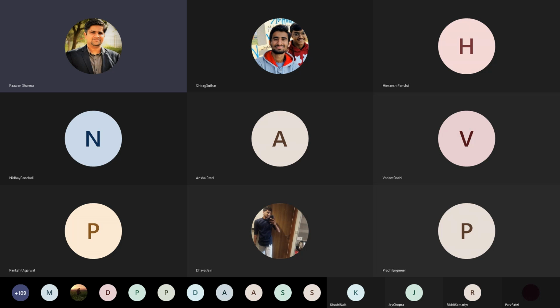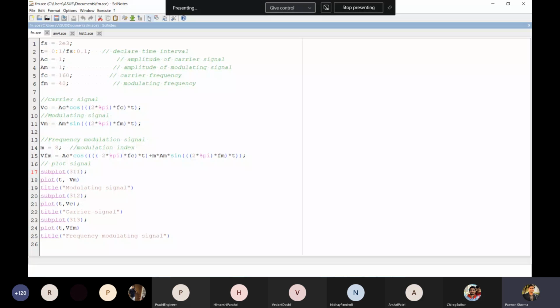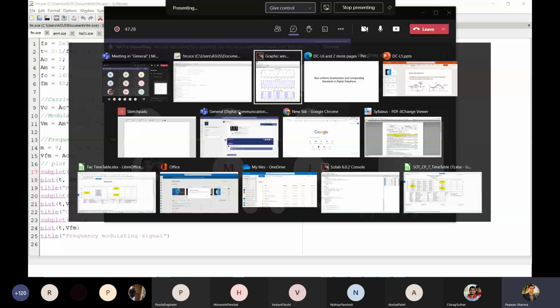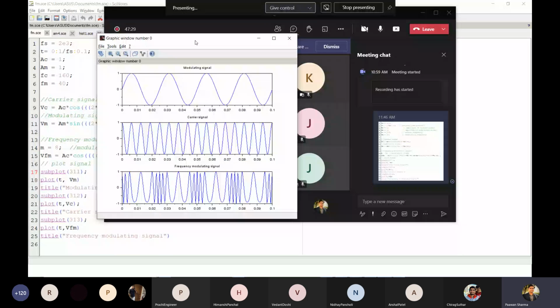If I run this, here you can see File, Export to, or Copy to clipboard. You can save as JPEG or PNG, whatever you want. You just insert this JPEG or PNG file into your report.